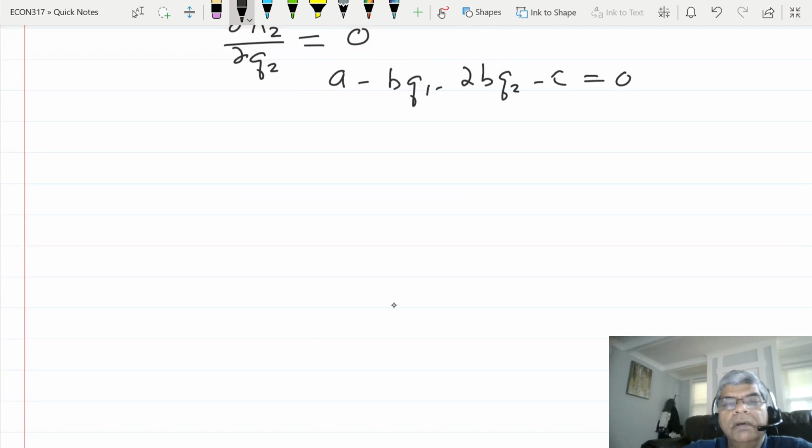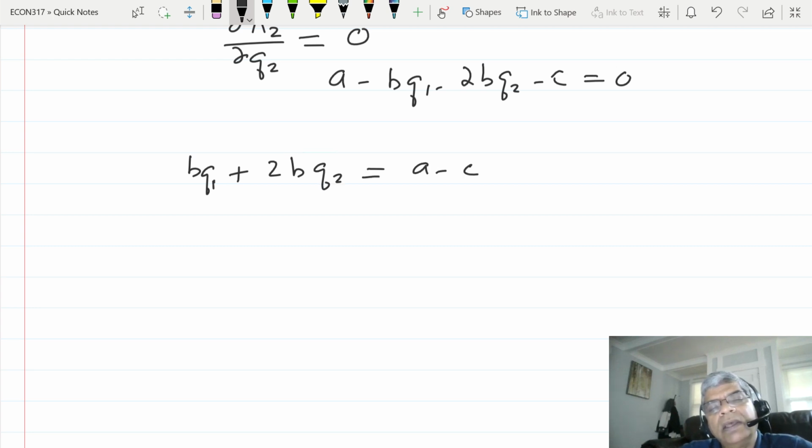I could rewrite this equation in the same form as for firm 1, which will be BQ1 plus 2BQ2 equal to A minus C. This is my second equation.